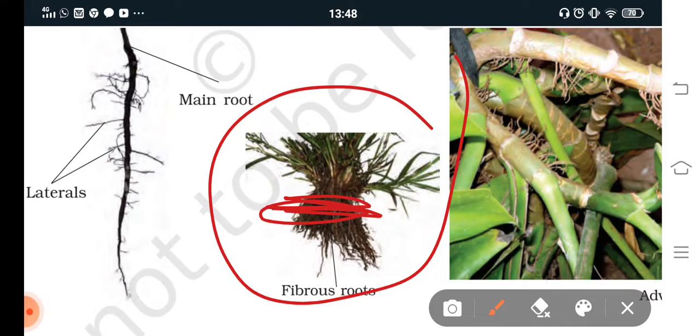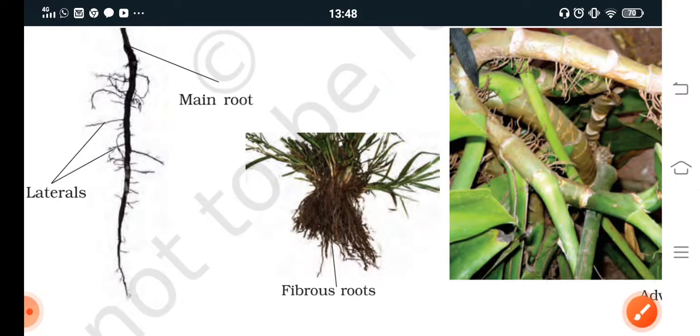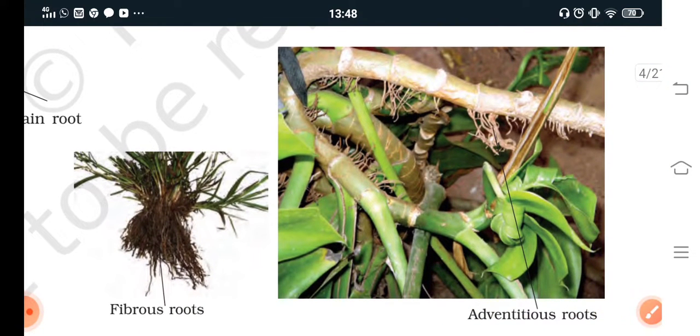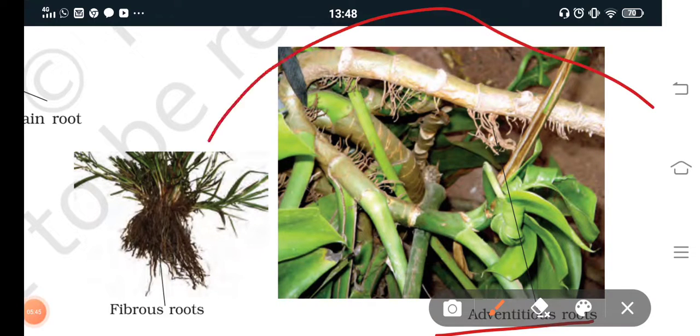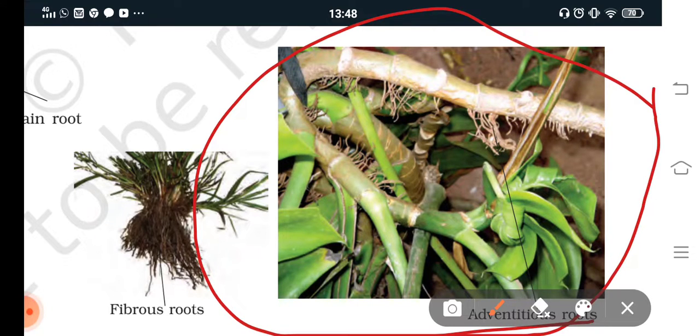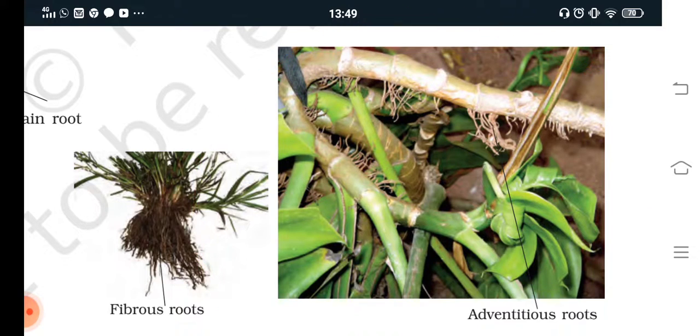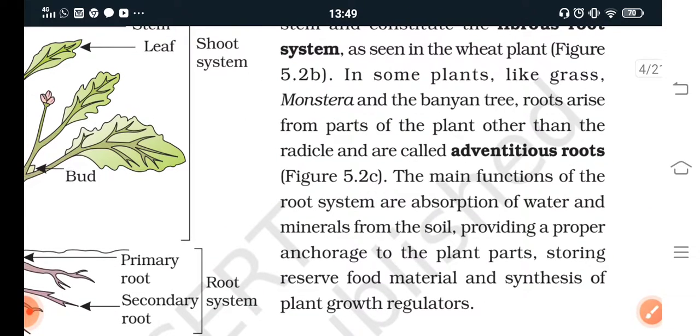In some plants like grass, monstera, and banyan trees, the roots arise from a part of the plant other than the radicle, and they are called adventitious roots.